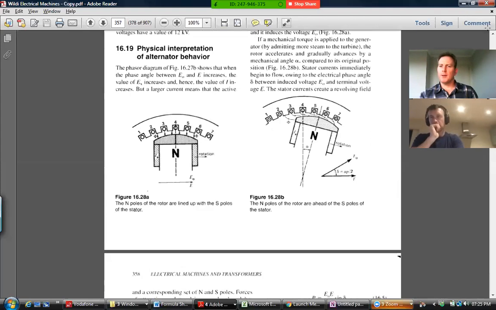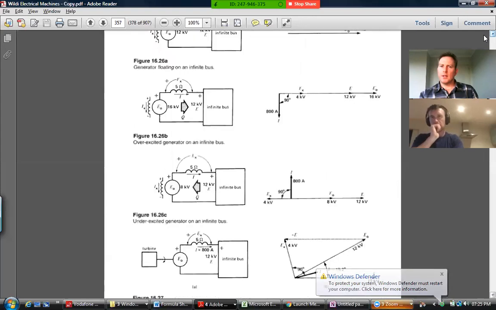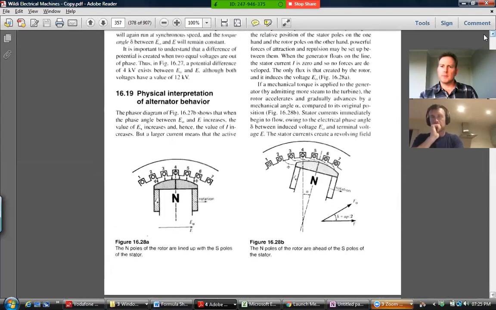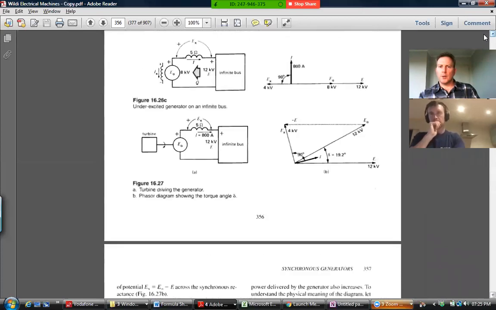And then going back up here, what that torque angle does is it forces the induced voltage E naught to be slightly ahead of the line voltage, the grid voltage. So that this is happening at a slightly earlier point in time than that, because the rotor has been forced ahead of where it would naturally sit.